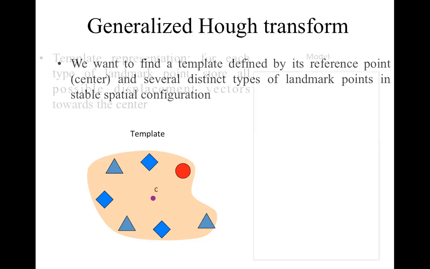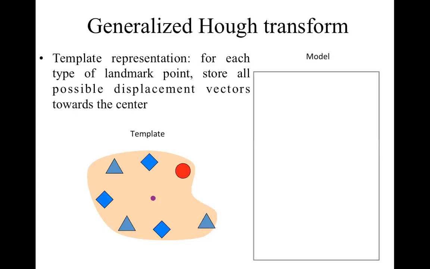So how would you represent this? You represent your model by memorizing the displacement vector of each of your landmark points with respect to the center of your shape. For a square, you have 4 corners, and for each corner, you know the displacement vector to the center, and you put this in a database.